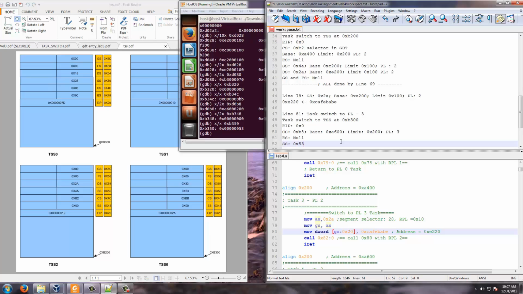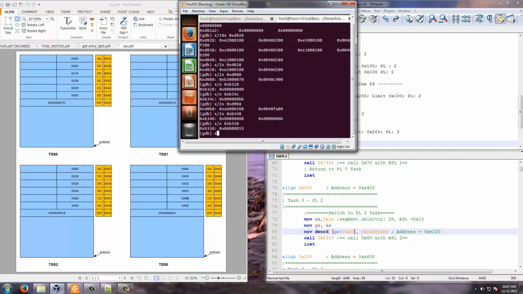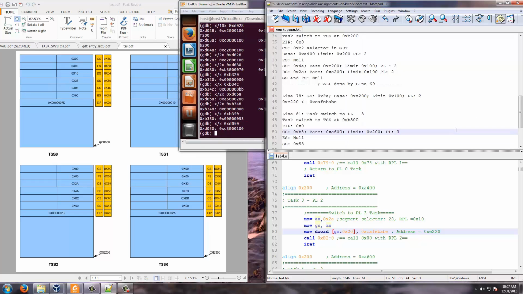This is a stack, it is pointing to 53. Stack is pointing to 53, means 50. So what is the 50 segment there? x/x 0x D1000 is GDT start, so D050. So this is a stack at C300.